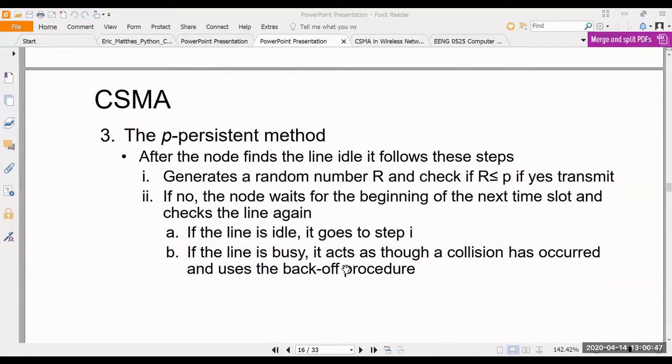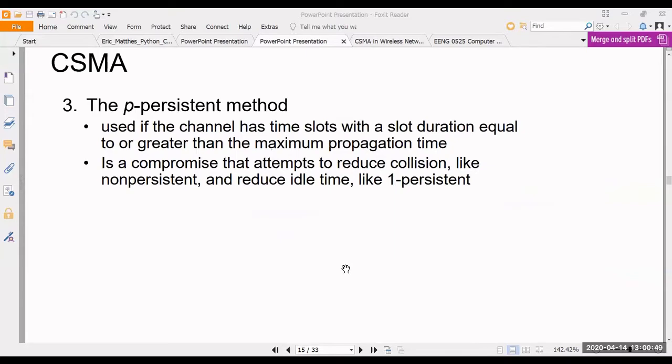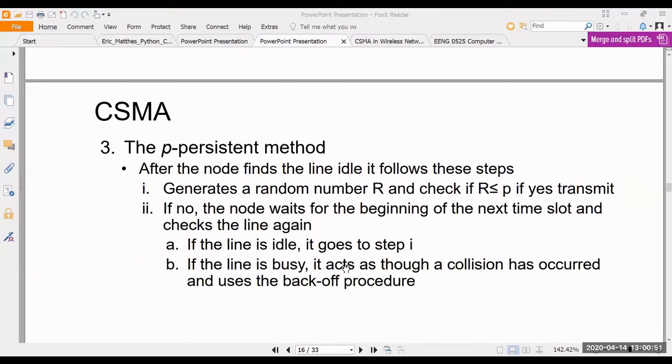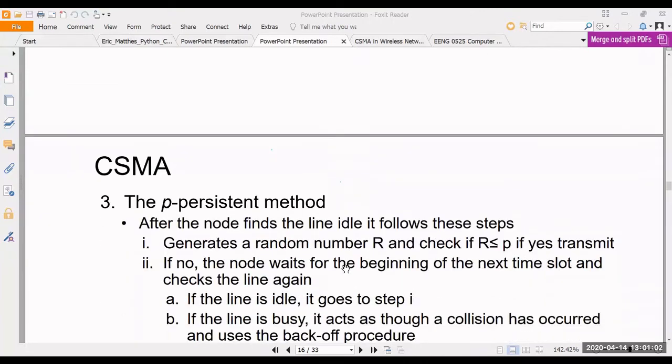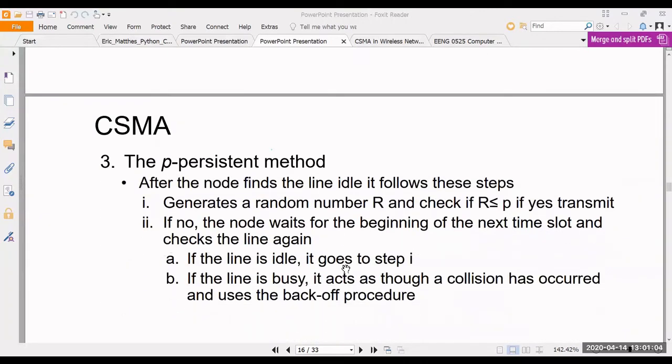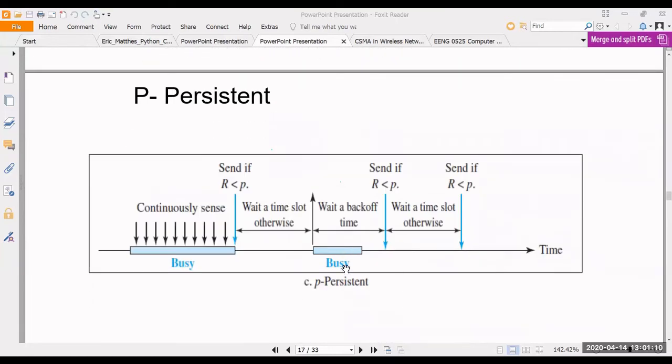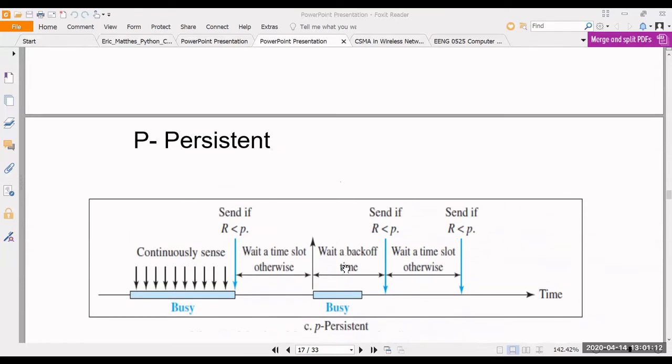Let me explain with the diagram. What we are saying is that the P persistent is just taking the positive side of one persistent and the positive side of the non-persistent. This one also we sense continuously.